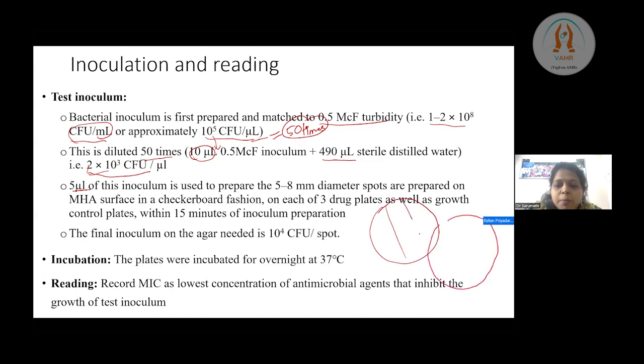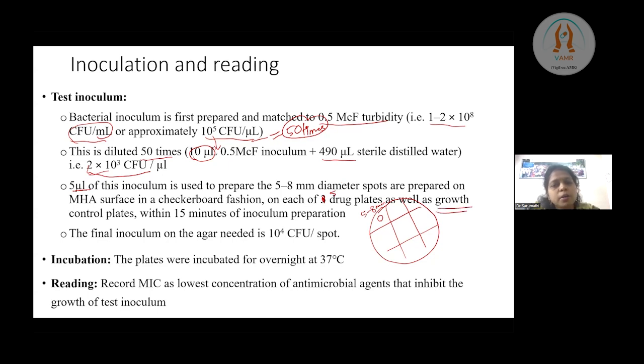You can divide the plate and use the pipette to make spots of 5 to 8 mm diameter, approximately this much, in a checkerboard fashion, on all 5 drug plates as well as the growth control.